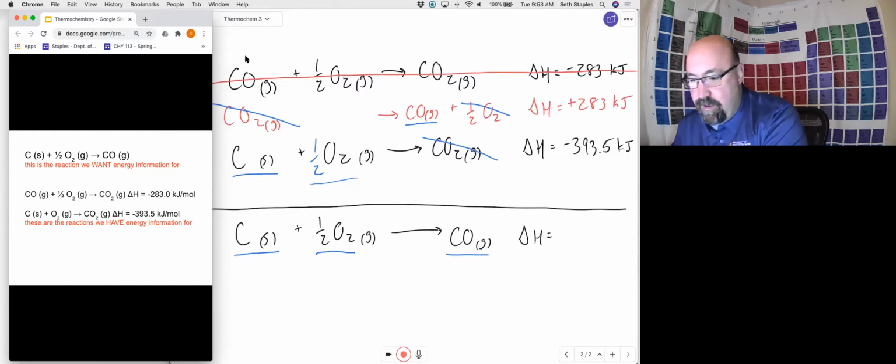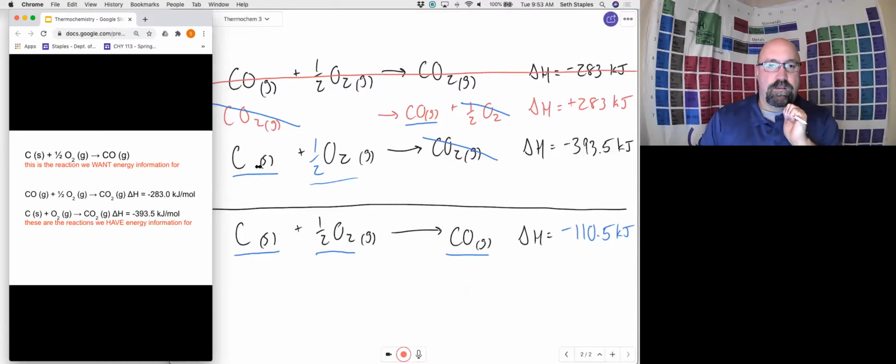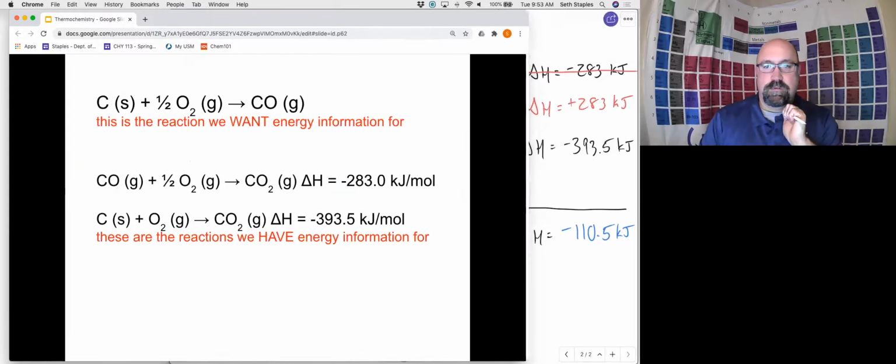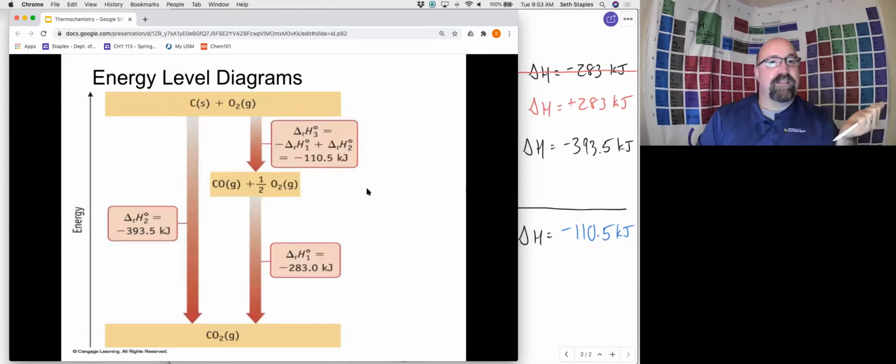We have an enthalpy of negative 110.5 kilojoules, which, if you will recall, was exactly what we found. And so that shows us how we go about Hess's law questions.